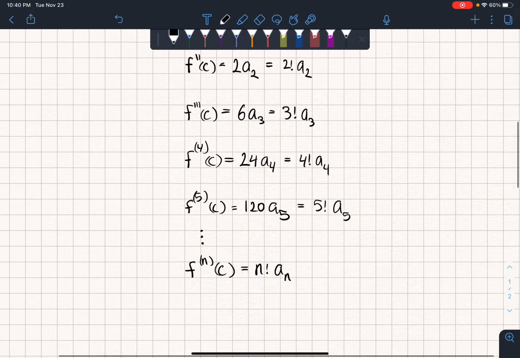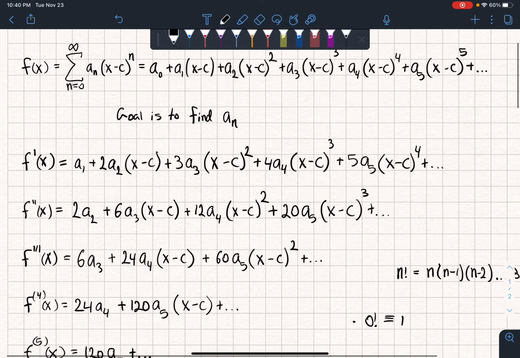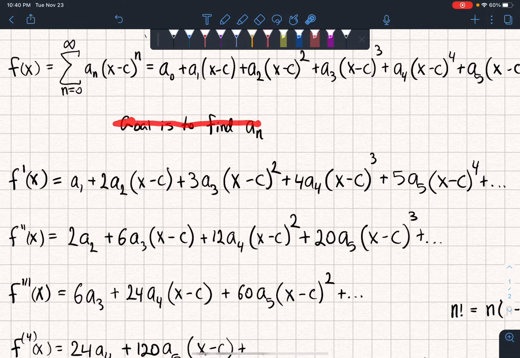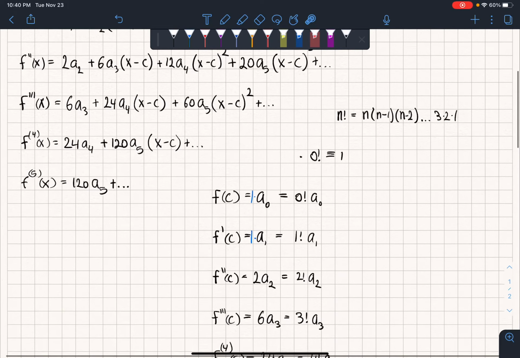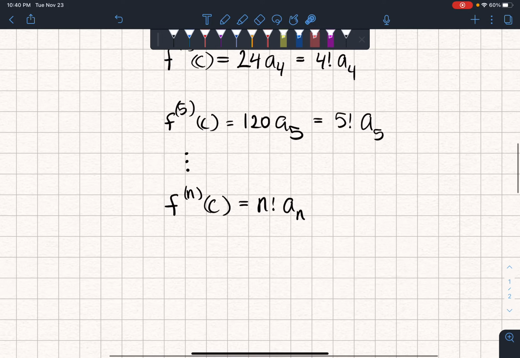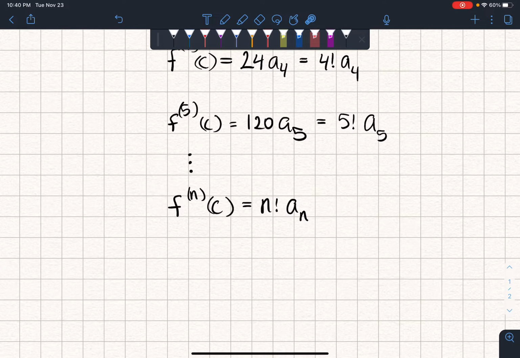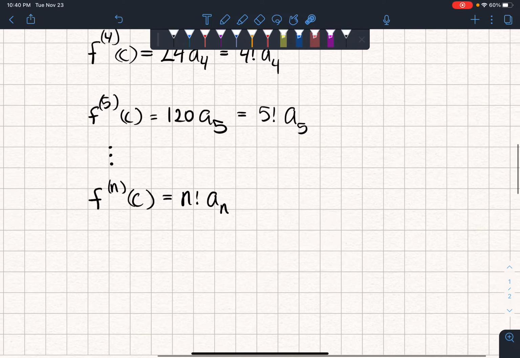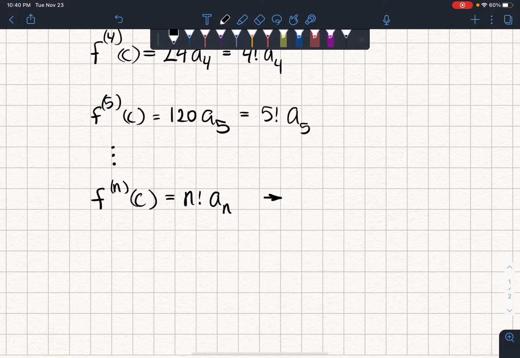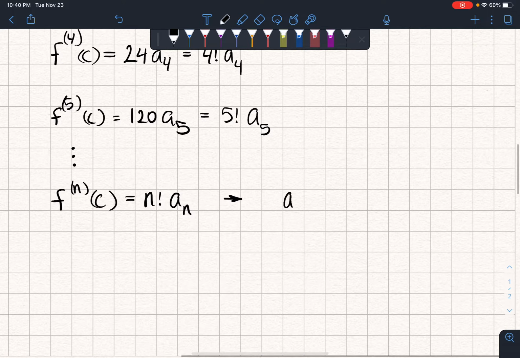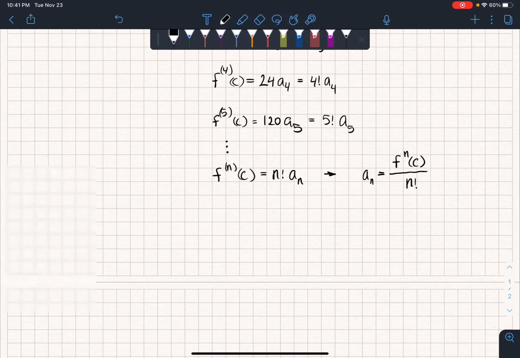Our goal, remember, is to find a formula for a sub n. Now we have generalized that the nth derivative of the function evaluated at c is n factorial times a sub n. So we can just divide both sides by n factorial, and we get that a sub n is equal to the nth derivative evaluated at c divided by n factorial. That is our formula for a sub n.